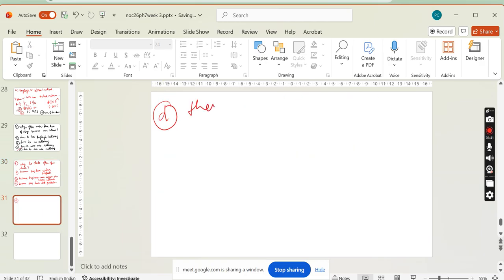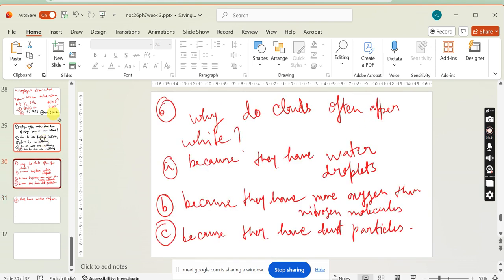They have water vapor, but vapor is a gaseous medium. It doesn't cause any scattering. So we see clouds because light is being scattered by the cloud.